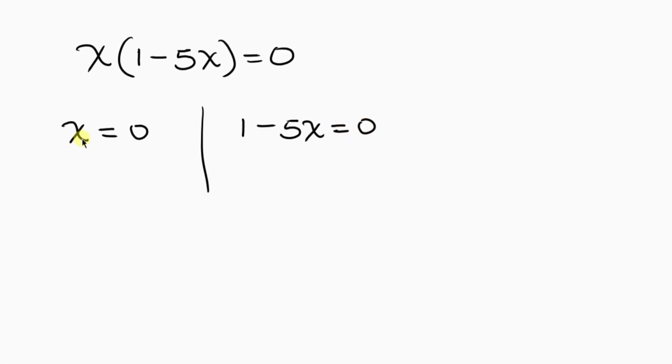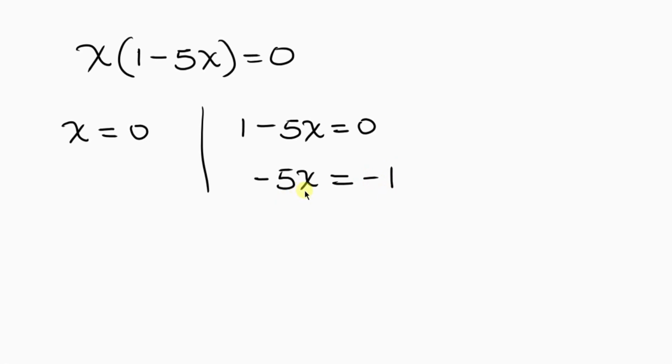Now we've got one value for x, and to get the other value, I'm going to be moving 1 to the right hand side. So I'll be left with negative 5x here. So negative 5x remaining on the left equal to, as 1 crosses to the right, it becomes minus 1.